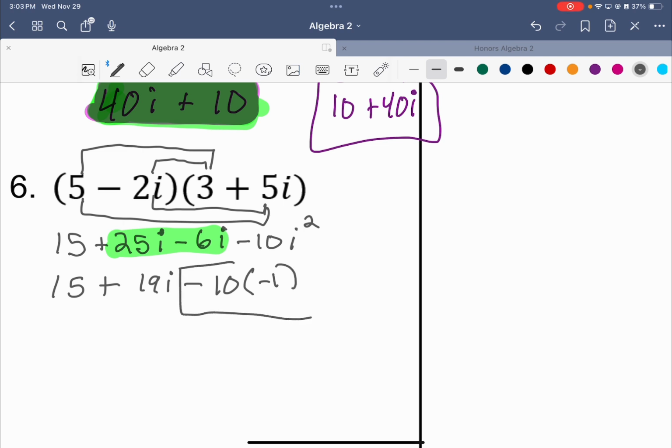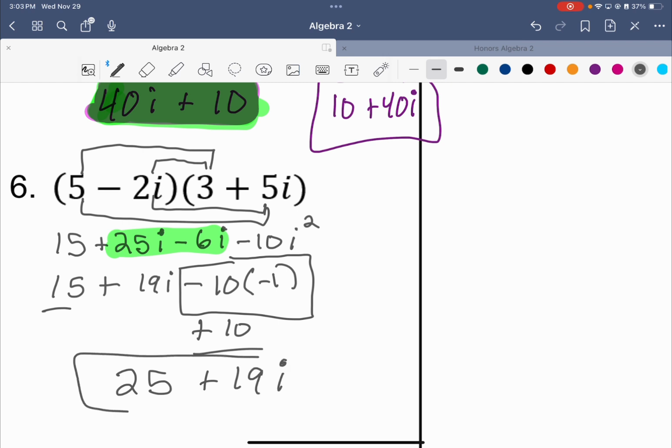So realistically speaking, what does that last part turn into? That turns into plus 10, right? So now I've got 15 plus 10. 15 plus 10 is 25 plus 19i. And there's your solution.